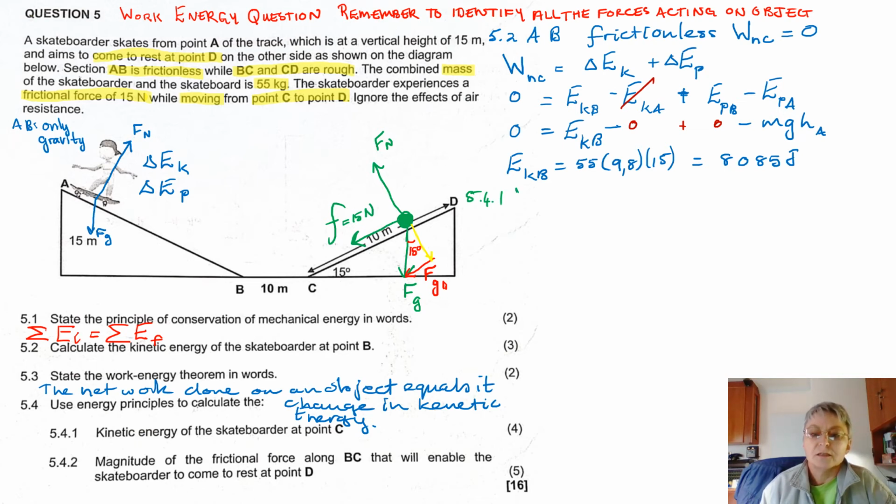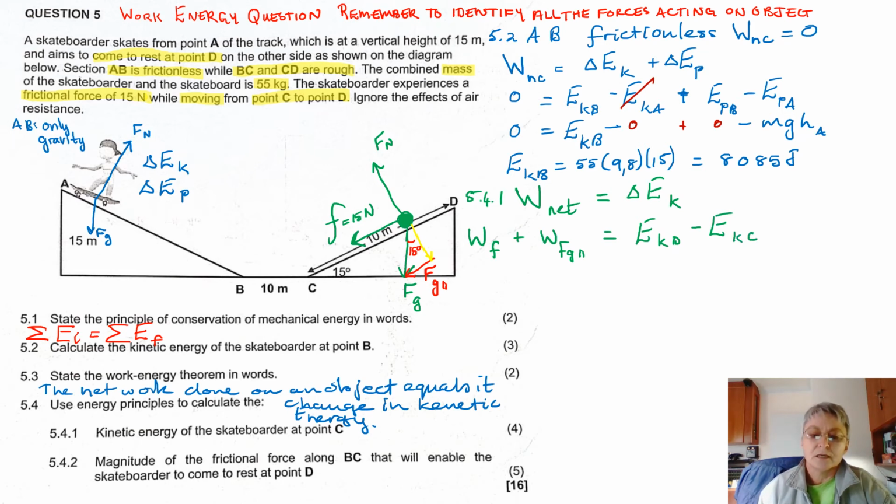So W net equals the change in the kinetic energy. Now, it's the work done by the frictional force plus the work done by the F_g parallel would be equal to the EK at D minus the EK at C.